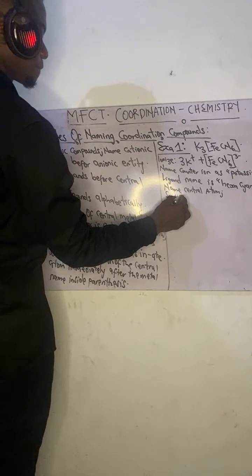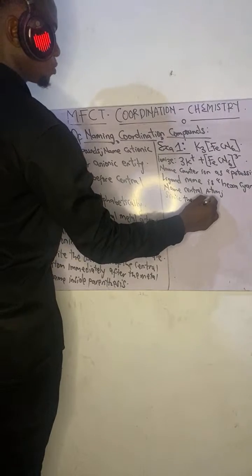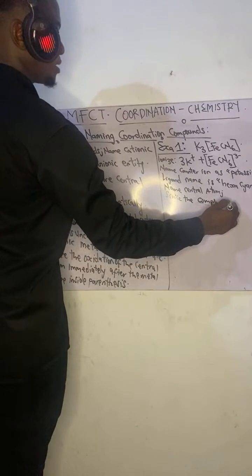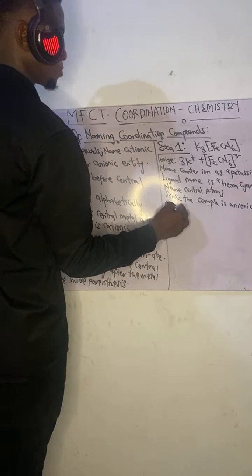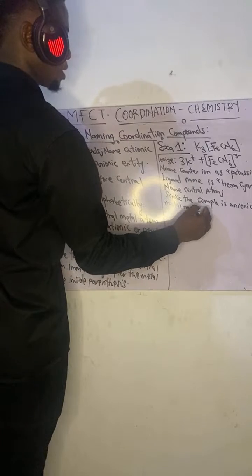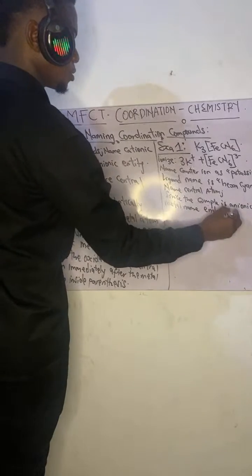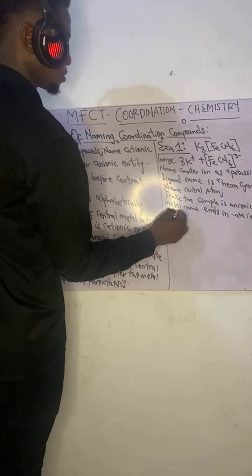It's by rule number 4. So since the complex is anionic, the metal name ends in ATE, that is to say ferrate.